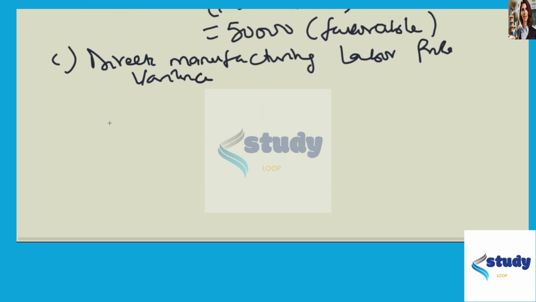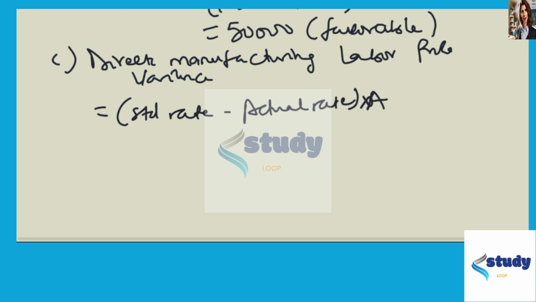The formula for this is the standard rate minus the actual rate, multiplied by the actual hours.